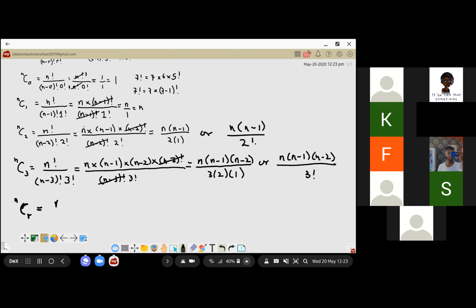It's going to be what? n factorial over what? n minus r factorial times r factorial. Do you know what the r is? Will you remember what the r is?